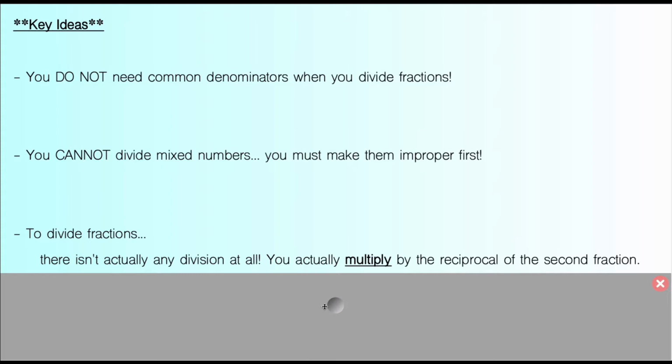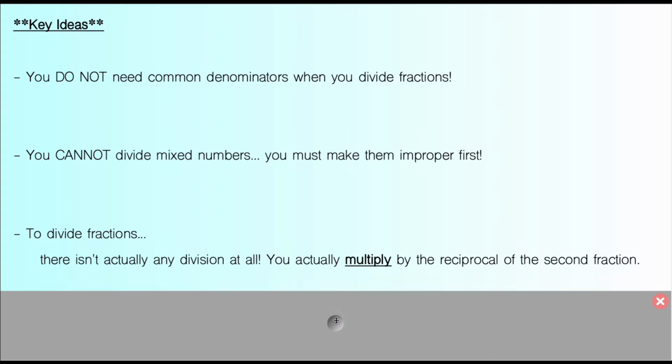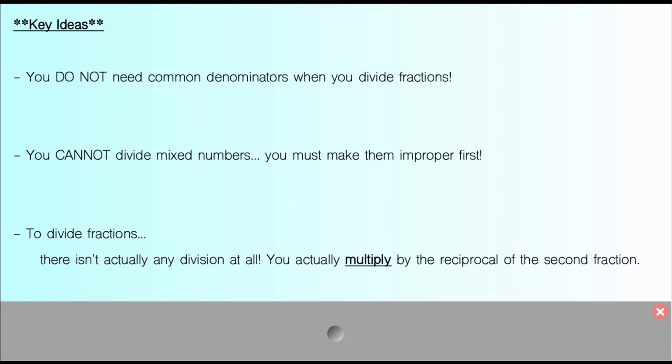Instead, the way that you divide a fraction is you multiply the first fraction in the division problem by the reciprocal of the second fraction. Now, reciprocal sounds like a fancy word, but all reciprocal means is the inverse of a fraction.